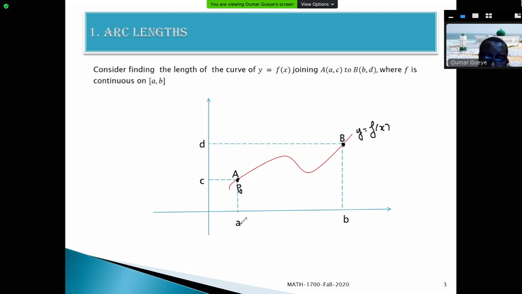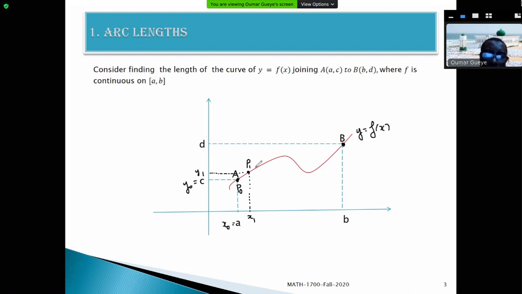Its x coordinate I'm going to call x0, and the y value here, I'm going to name y0. I'm going to choose another point, let's say here, and name it P1. Its x coordinate is going to be here, I'm going to call it x1, and its y coordinate y1.